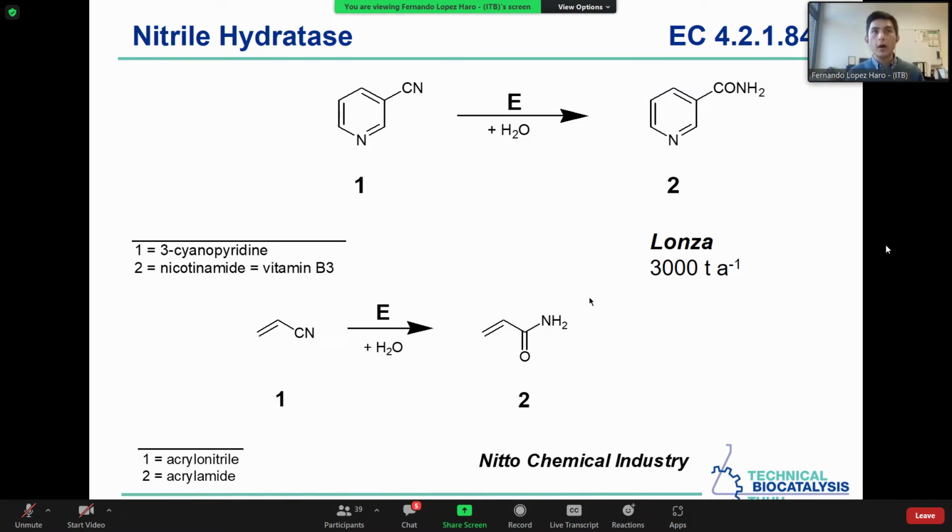Anyone can tell me what we use acrylamide for? Aha, it is in burnt food.